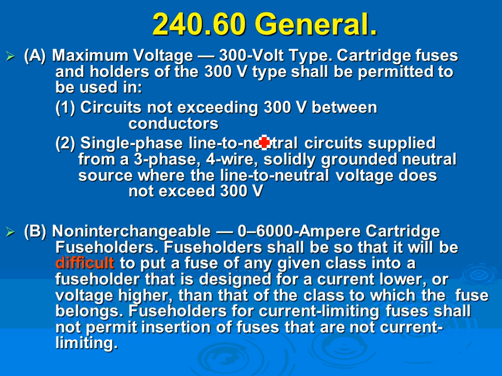So you can see where they limit you with these types of the 300 volts. So your single phase or 3-phase solidly grounded equipment. Non-interchangeable. When they design the fuses, guys, they design them in a way where a higher amp fuse cannot be placed in a lower amp fuse holder.